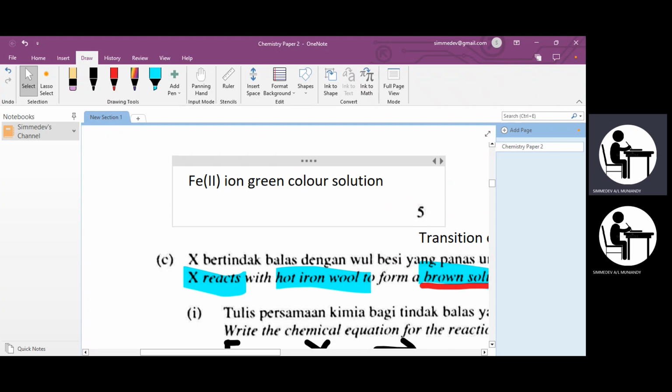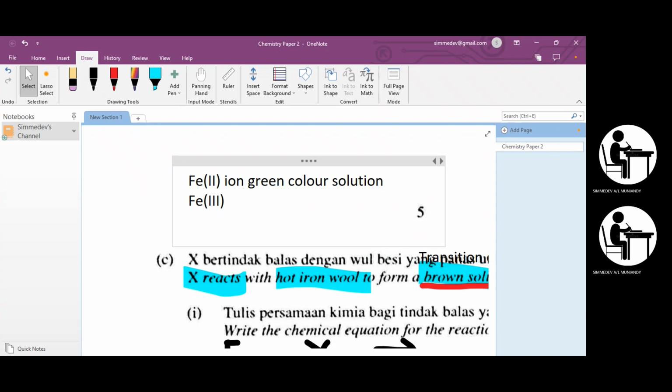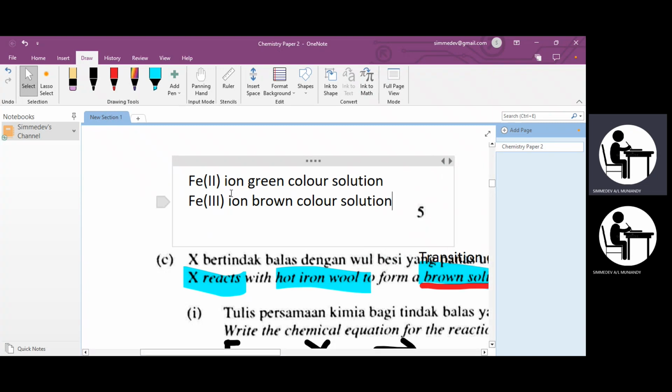Right? For Fe3, the Fe3 plus ion is a brown color solution. This is a very important piece of information for you to remember.